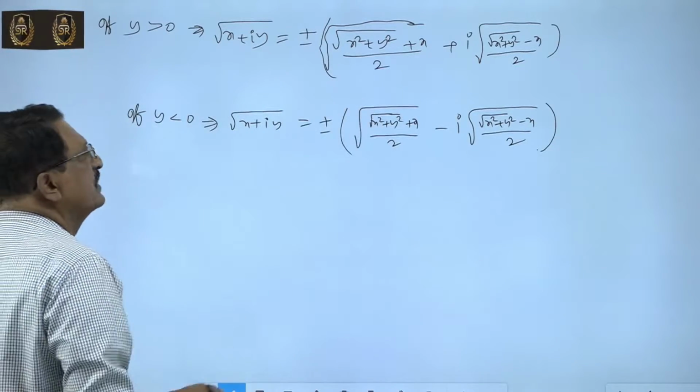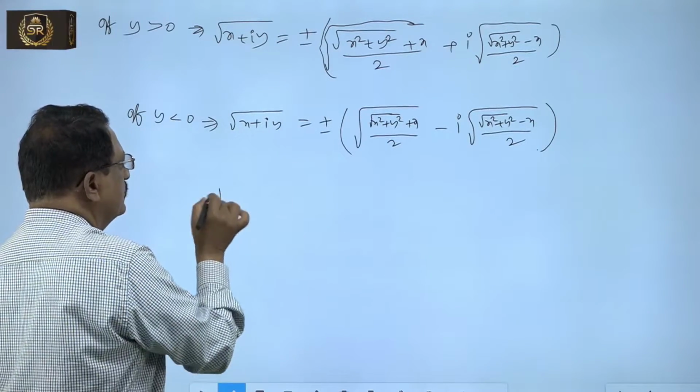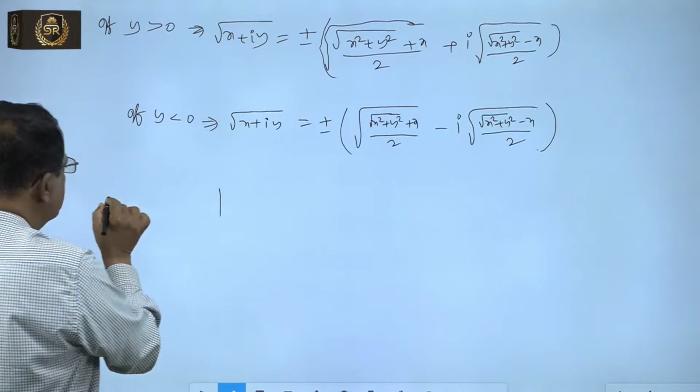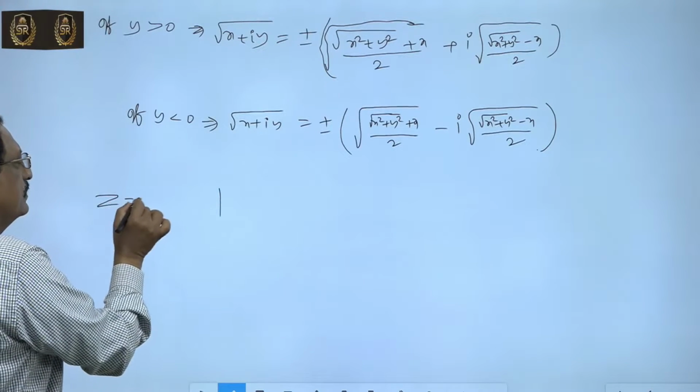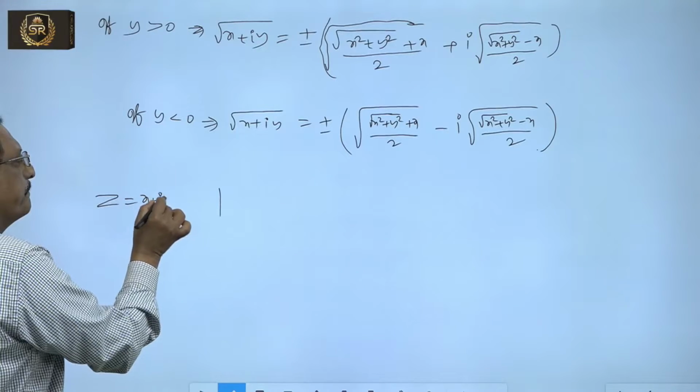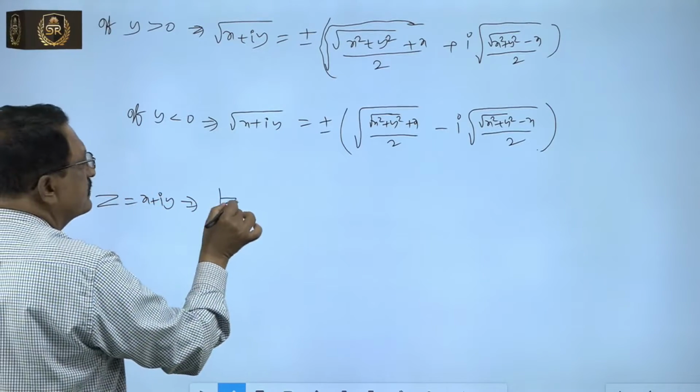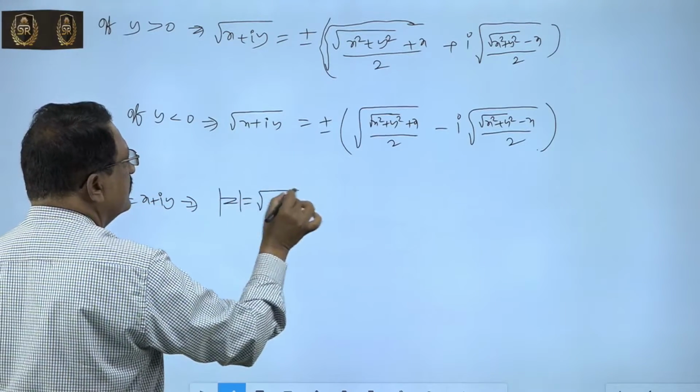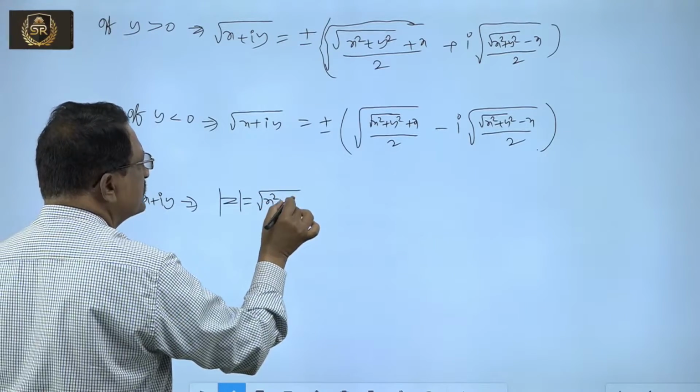These are the values. Also here z equals x plus iy, which implies mod z, the modulus of the function, equals square root of x square plus y square.